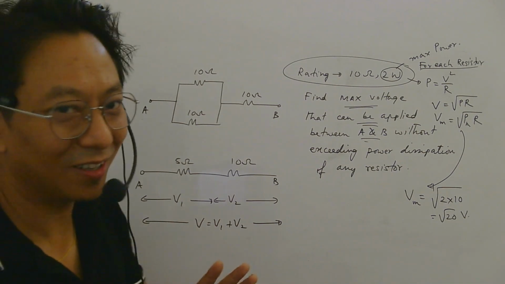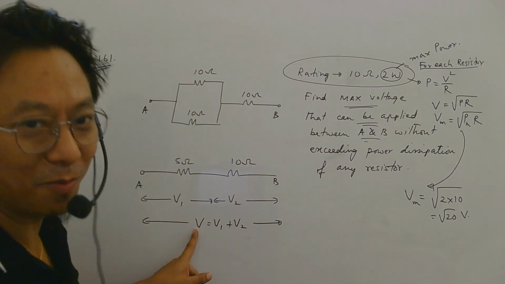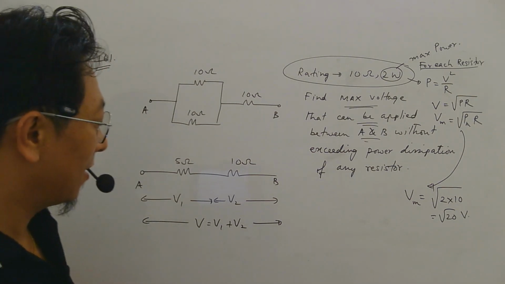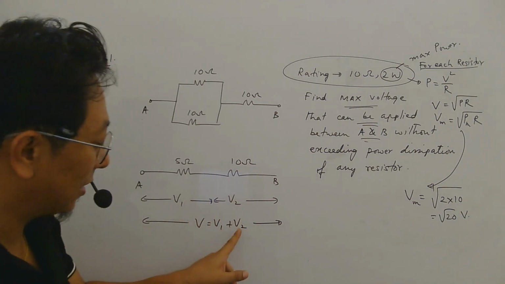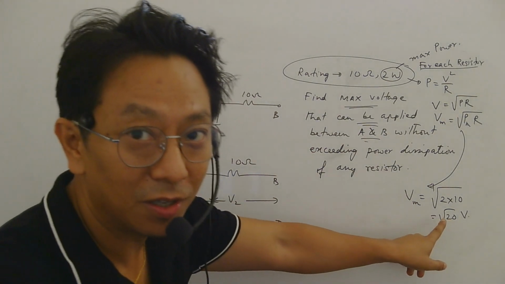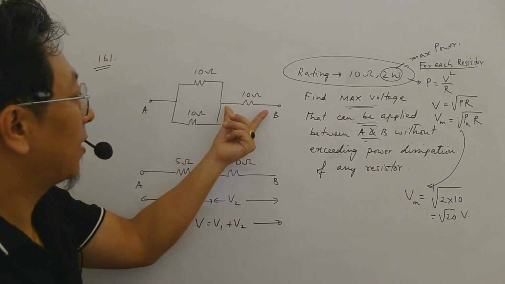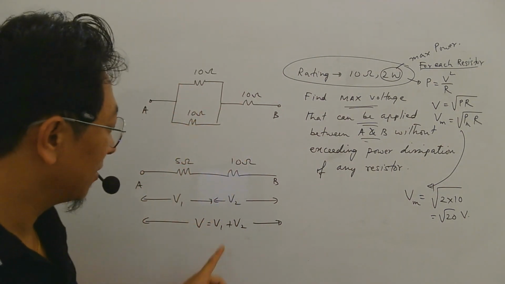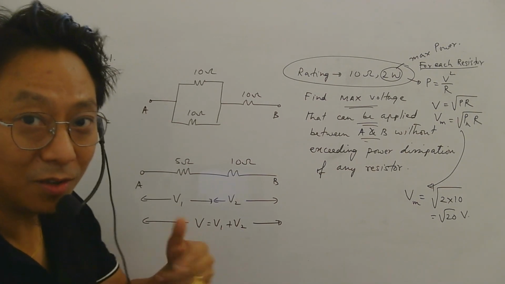It is not a wrong thinking. For this number to be maximum, these two numbers should have their maximum value. And for each resistor, the maximum voltage is root 20. So you can apply maximum root 20 here, root 20 here, maximum. So you may think 2 root 20.